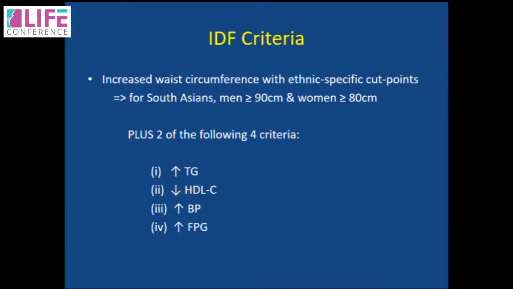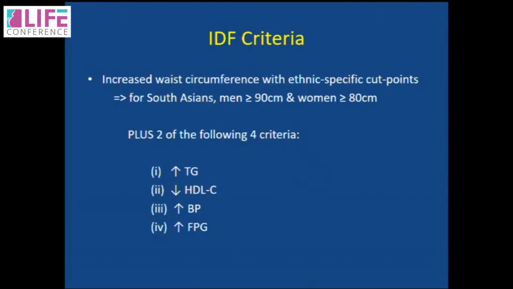But an alternative one that we often see in the literature is the one proposed by the IDF, the International Diabetes Federation. This one requires increased waist circumference to be present as one of the criteria. What I like about these criteria is that they give ethnic-specific cut points, whereas the previous one was mainly targeted at a Caucasian population.